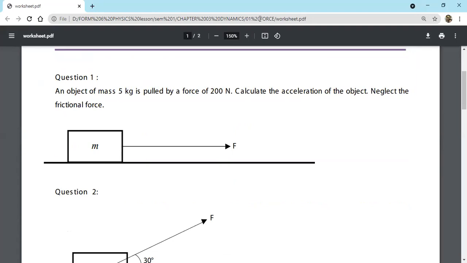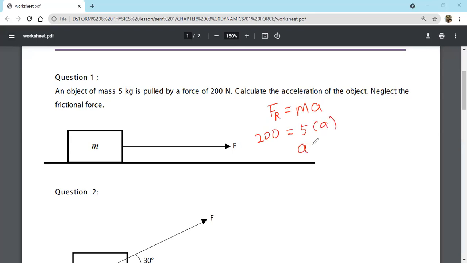First, same as we do in the revision. Okay, so as we know, using the formula, FR, the resultant force, is equal to ma. So m is equal to 5 kg, pulled by a force of 200 Newton.